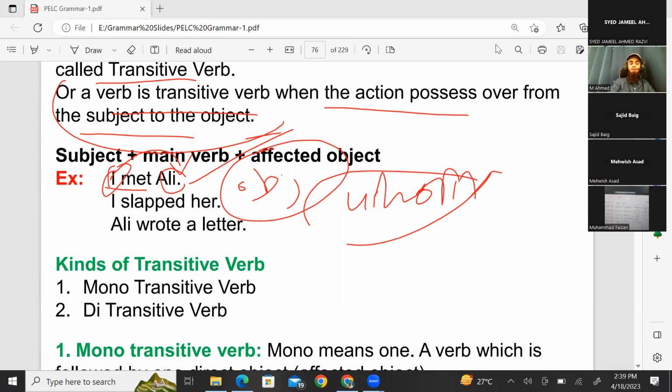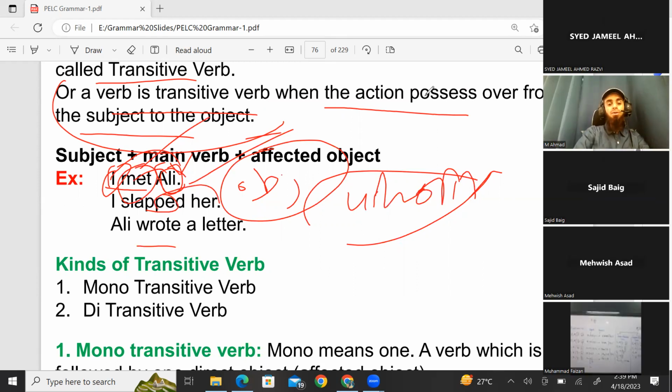Because of that requirement, we call this met a transitive verb, because it needs an object to complete the meaning, right? I slept her. I slept whom? I slept what? Ali wrote what? Ali wrote a letter.